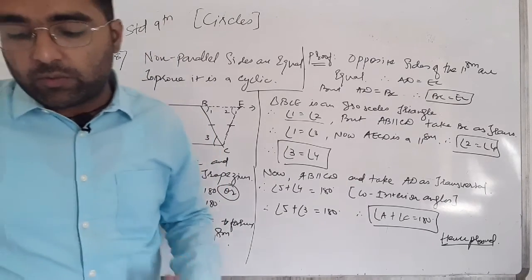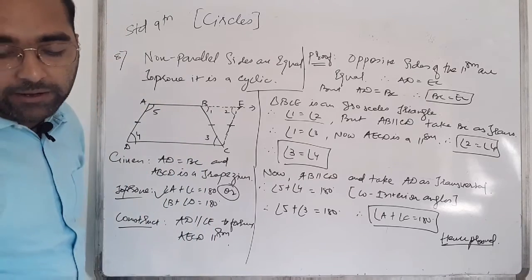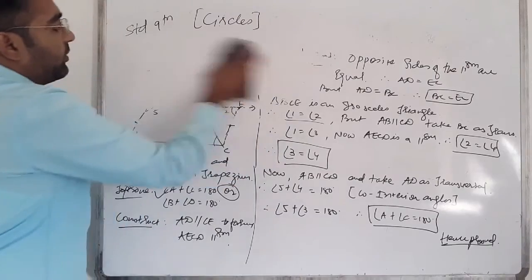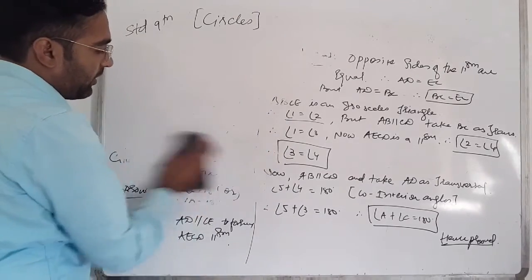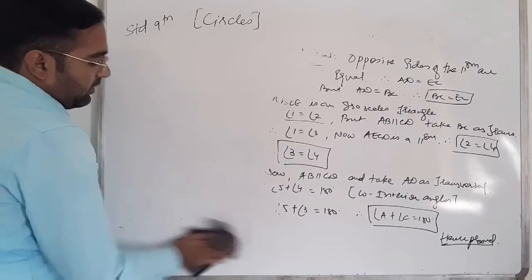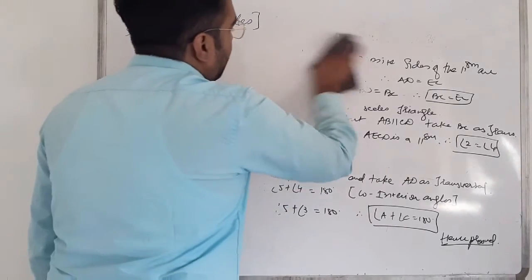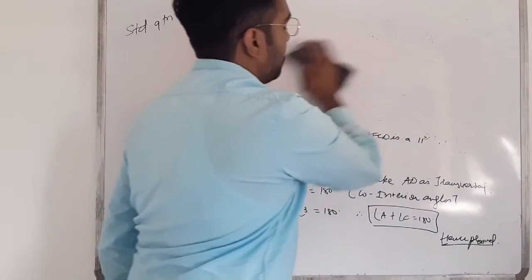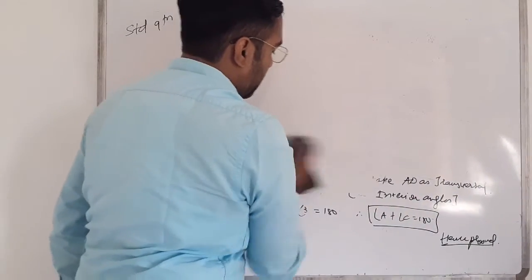Now we have to move to question number 9. Question number 9 is a typical sum.